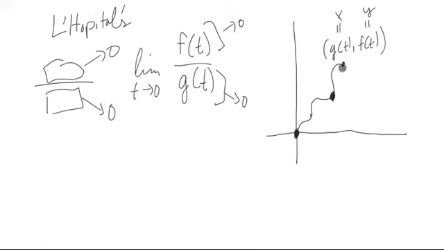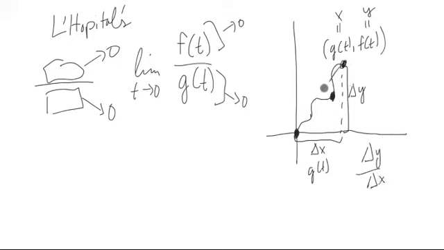If you map this out, isn't it like f of t is a change of y, and g of t is a change of x, right? Because g of t is this x value, f of t is that y value. So really, when we take this fraction, we're looking at change of y over change of x as we go from here to the origin.